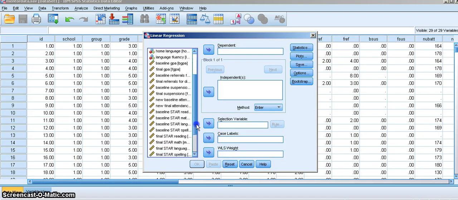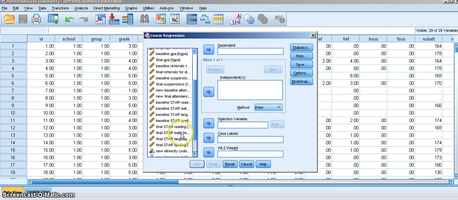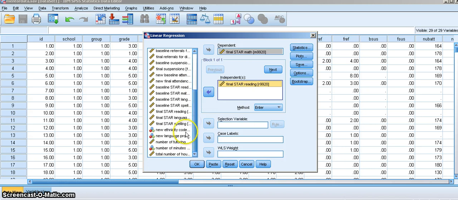So we said we're going to use our final math score, and we were basing our prediction on the students' reading score and also the number of tutoring sessions that they received. If I have more than two predictors, all of those are going to end up here.